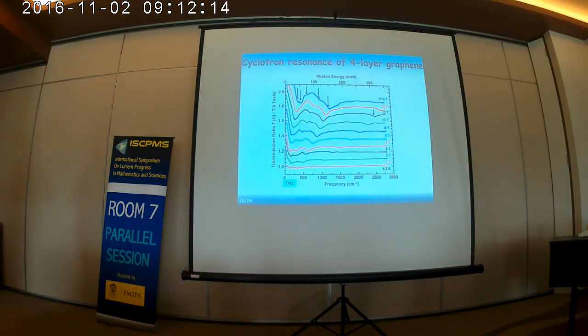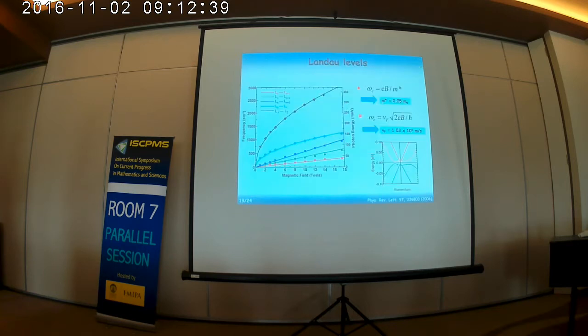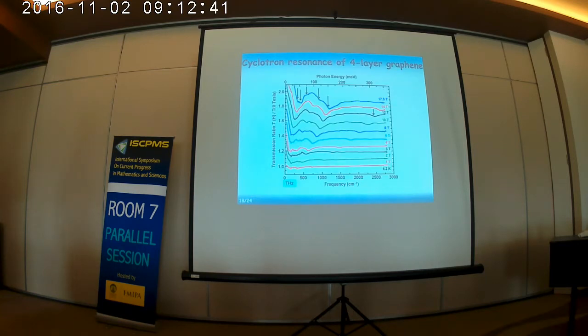And let me show you one example. We shine the light through 4 layers of graphene and also apply the high field. This data shows the transmission ratio of the magnetic field to zero field, at liquid helium temperature, 4.2 Kelvin, and the magnetic field from 1 Tesla to 17.5 Tesla.